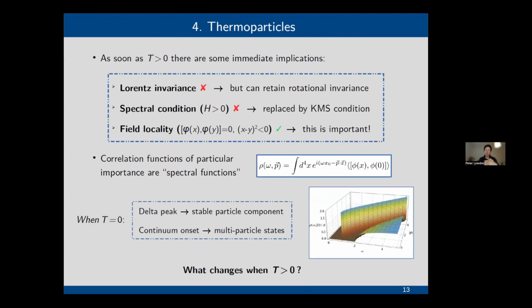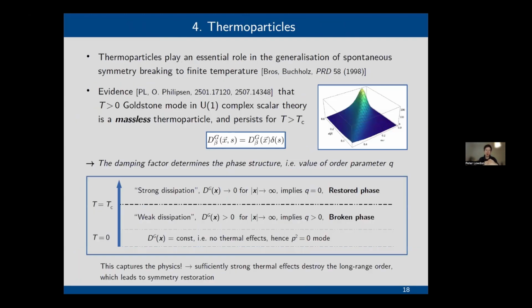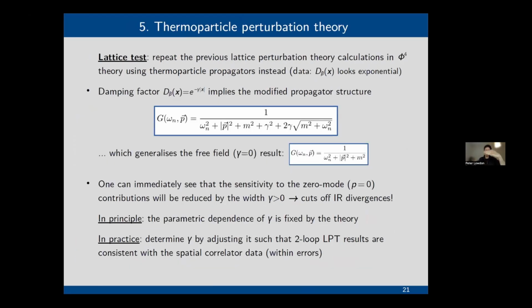We predict the spatial correlated data at different gammas, and we tune gamma such that we are as close as possible to the spatial correlated data. Then we repeat that procedure at different temperatures, and that tells us the value of gamma at the different temperatures in our system.